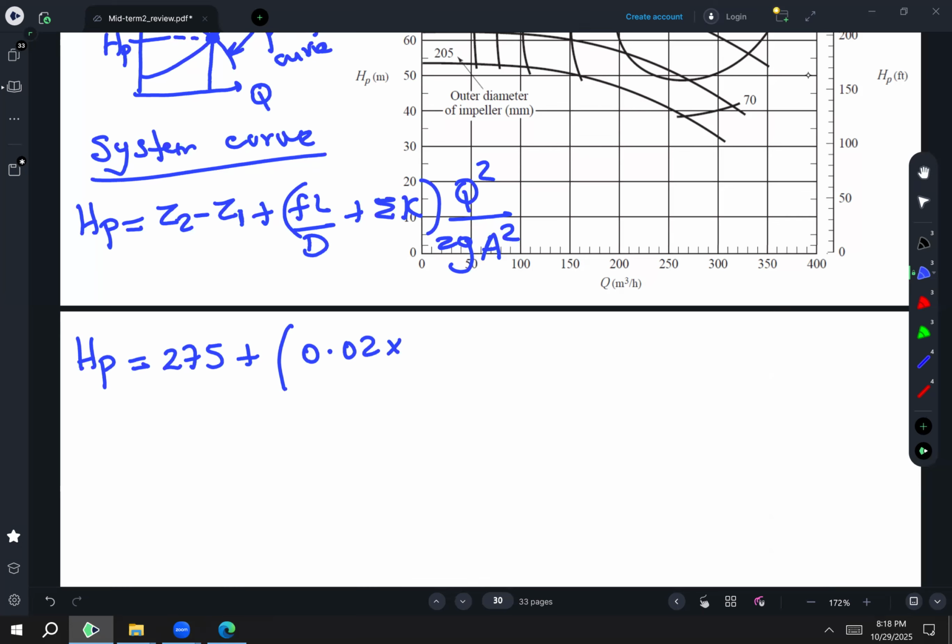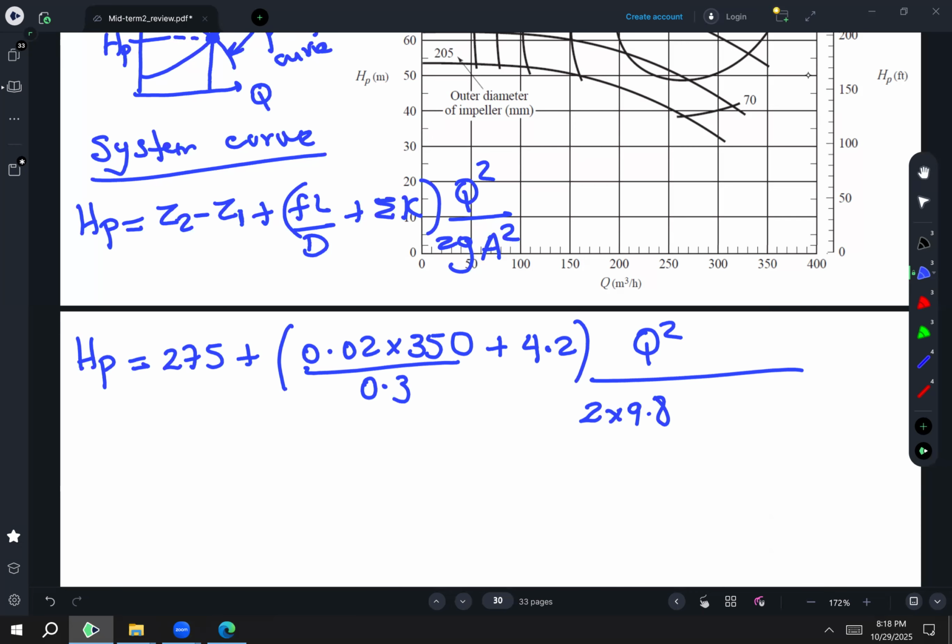The pipe length is 350. The diameter is 0.3 meters, plus sum of K is 4.2 times Q square divided by 2 times gravity, which is 9.8, times area square. The area is equal to pi times 0.3 square divided by 4, all of it to the square because it's asking me area square.